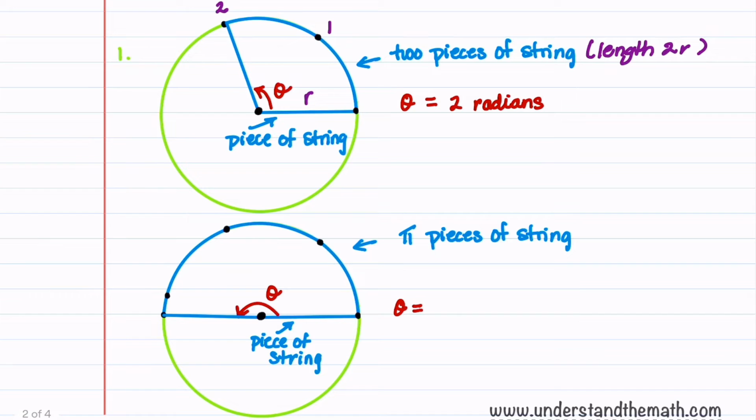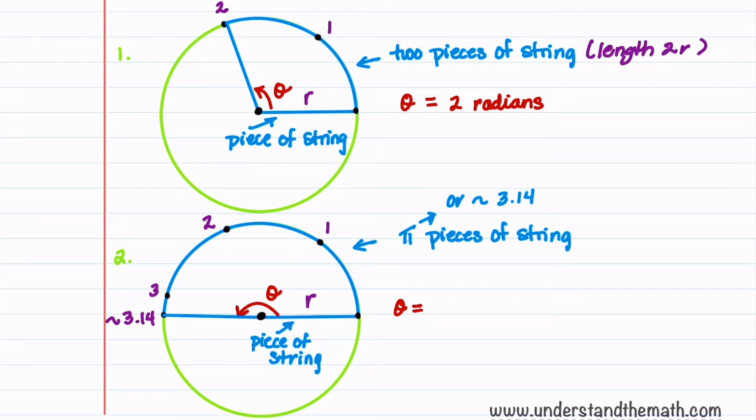In the second picture, which we'll label 2, the length of the arc is pi, or approximately 3.14. So you can see we have our piece of string, which we'll call r, and then we have 1, 2, 3, approximately 3.14 pieces of string.